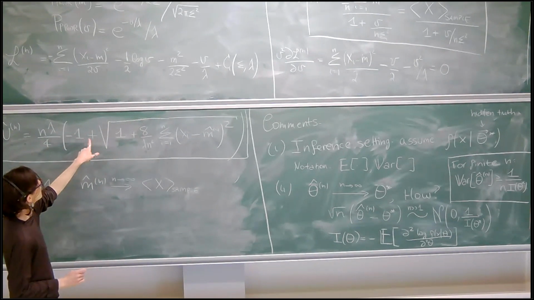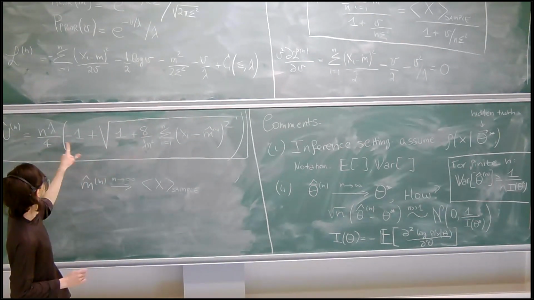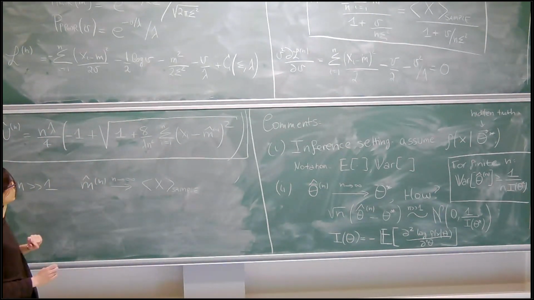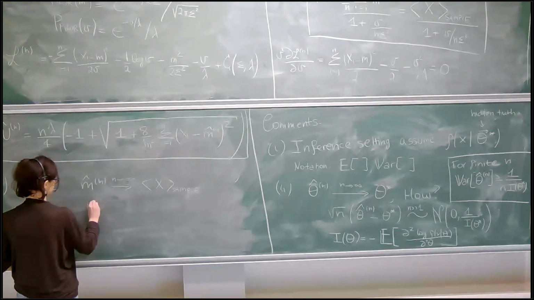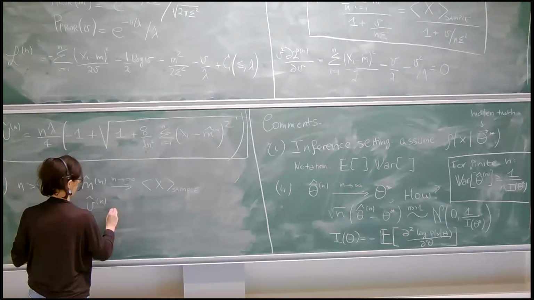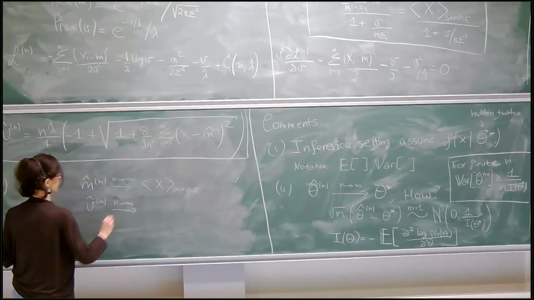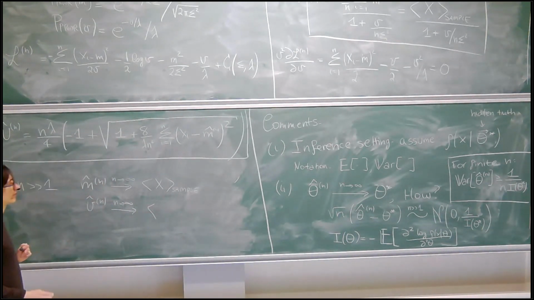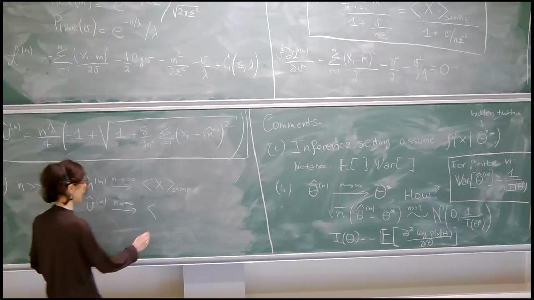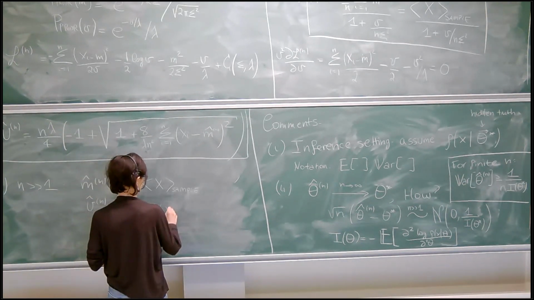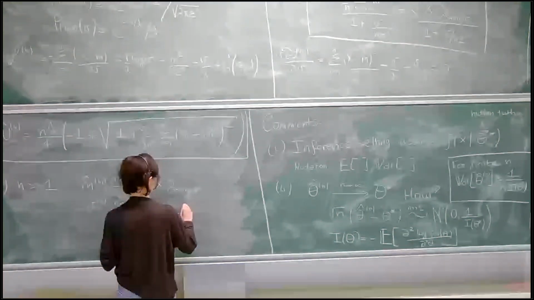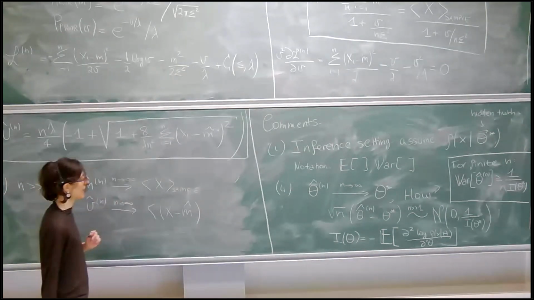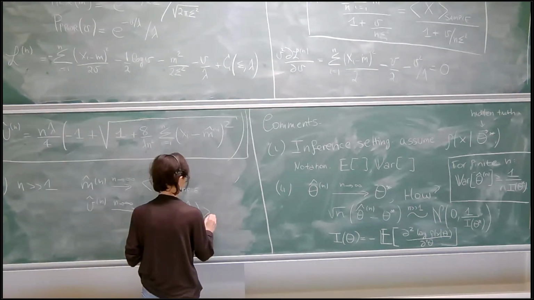If you do this, the 1 cancels, and you cancel one factor of n, and you are left with something very simple, which is just the sample variance, that I will denote as x minus m hat squared, averaged over all of your data.